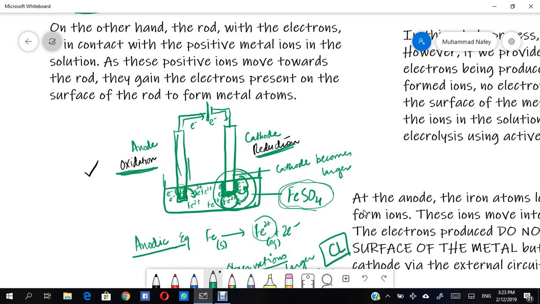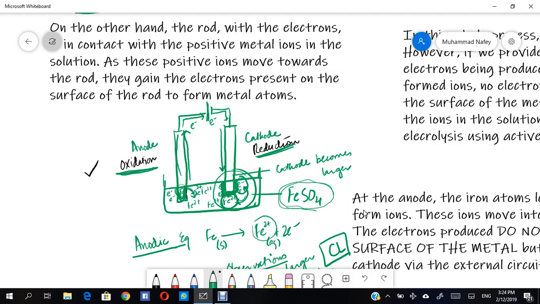They move up the electrode into the external circuit and come to the cathode, where they are stuck to the surface of the cathode. At the cathode, the iron ions in the solution move to the cathode, where they gain the electrons which had arrived from the anode and form iron metal.